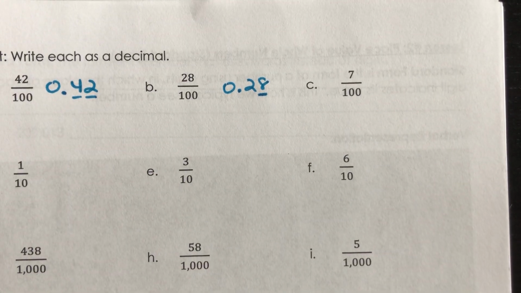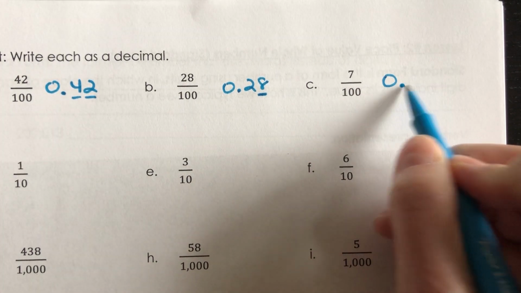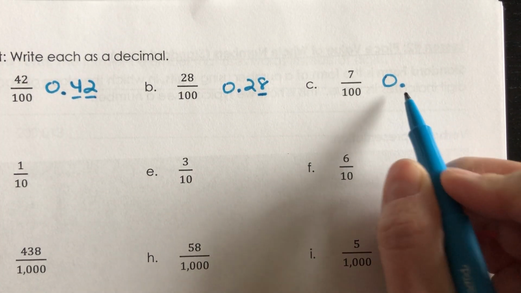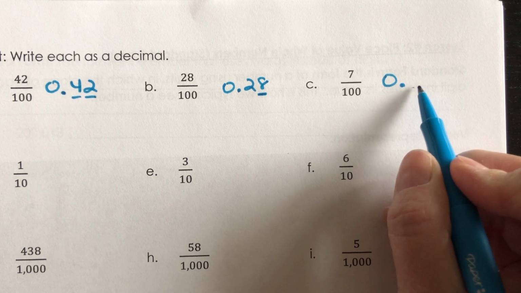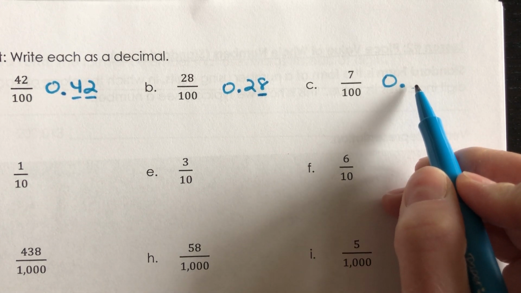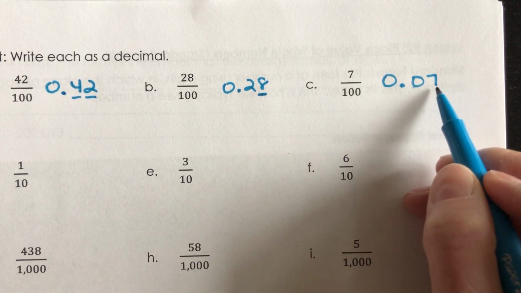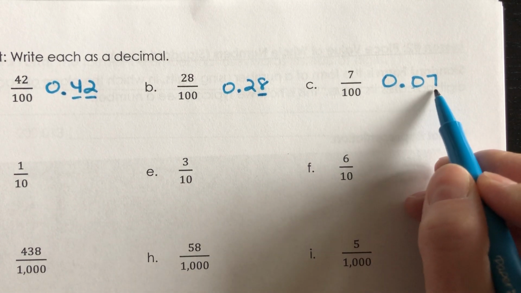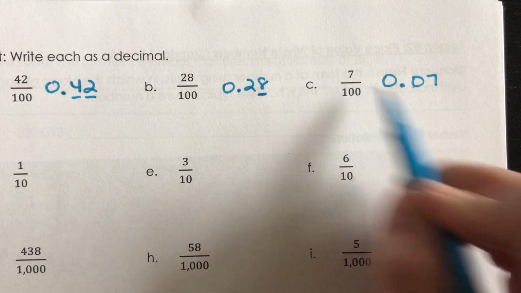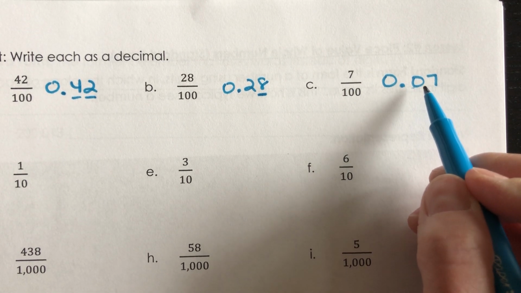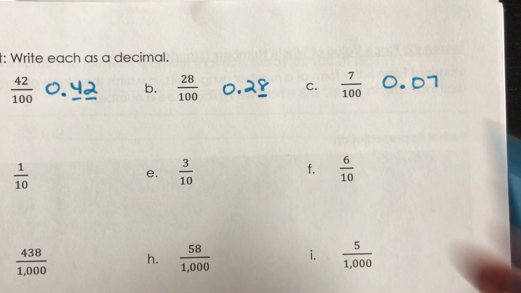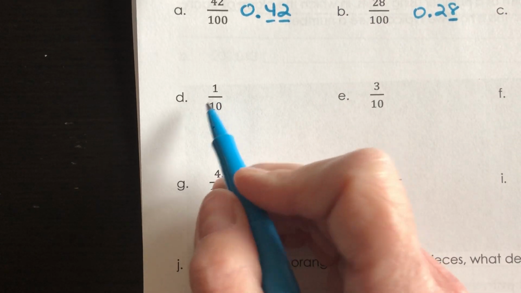For 7 hundredths, I can't just write 0.7 because the first place to the right of the decimal point is the tenths place. So if I wrote a 7 right here, I would say 7 tenths. If I want 7 hundredths, that means I need to put the 7 into the hundredths place. And if I have 7 hundredths, I don't have any tenths. So I'd have 0 tenths. All right, here I have 1/10.